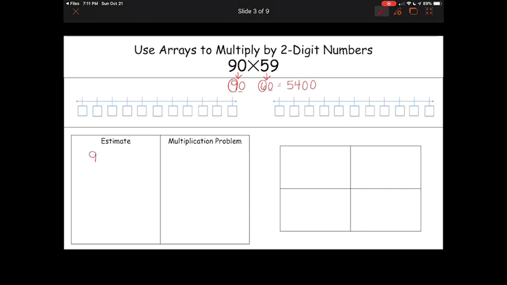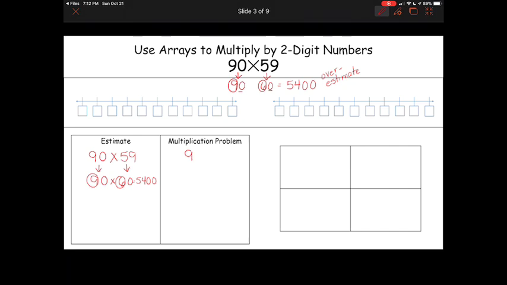Let me write that out: 90 times 59. 90 rounds to 90 because it's closest to 90. That's easy. 54 with 2 zeros. I know it is an overestimate because the 59 rounded up.